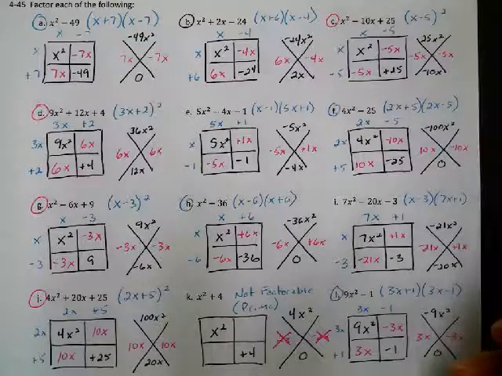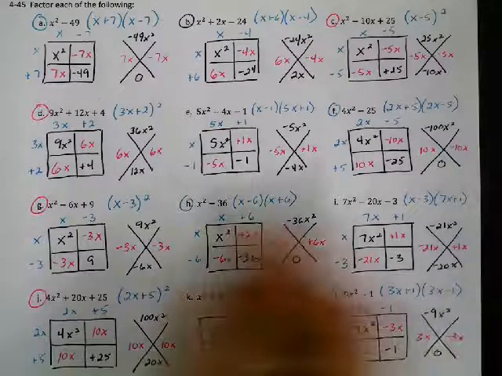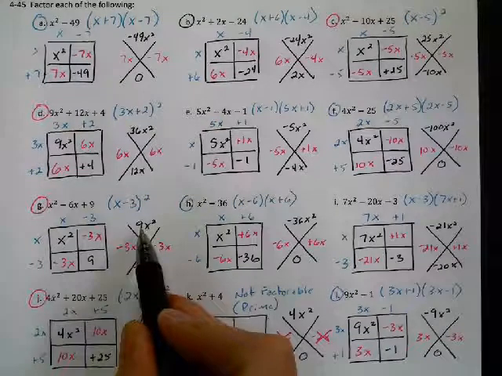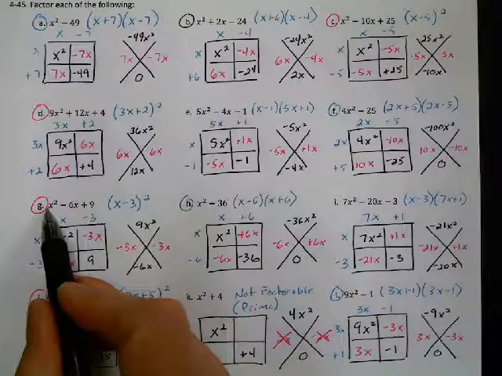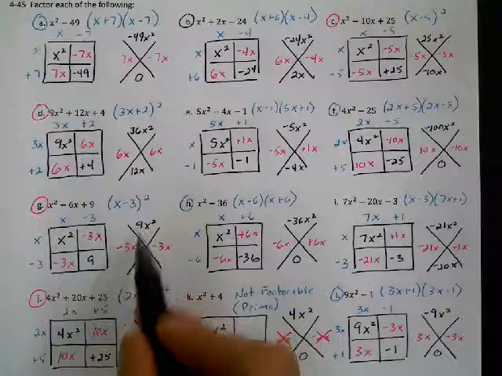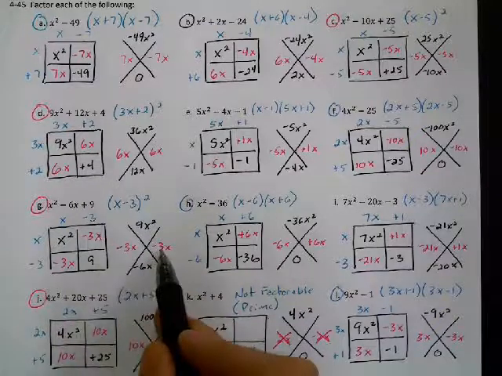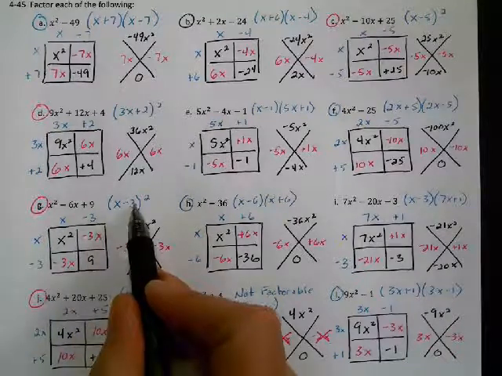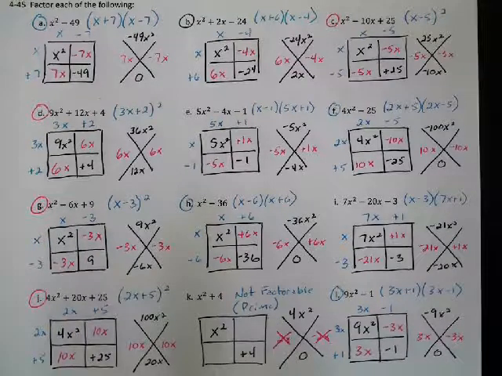I mean, this was kind of like that, G, where there's no leading coefficient right there. What multiplies to give me 9, adds to give me negative 6? It was negative 3 and negative 3. I really didn't need to do the area model. Negative 3 and negative 3 were my two constants in my factors there.